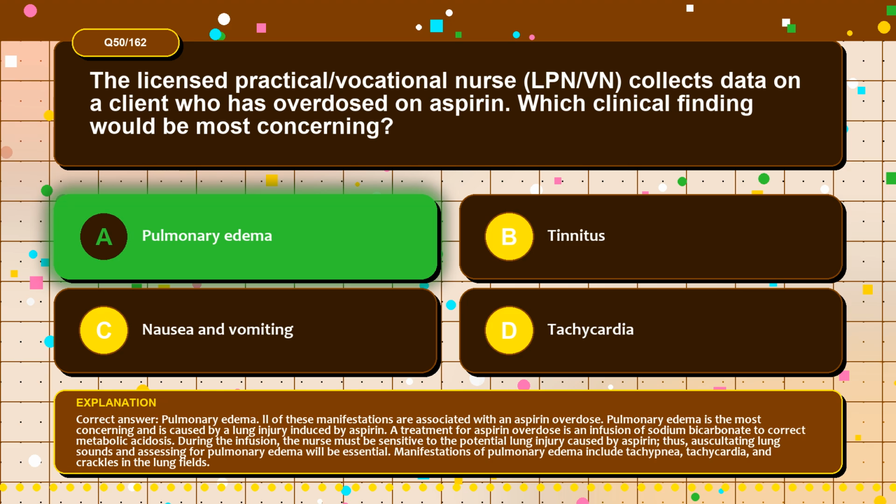A treatment for aspirin overdose is an infusion of sodium bicarbonate to correct metabolic acidosis. During the infusion, the nurse must be sensitive to the potential lung injury caused by aspirin. Thus, auscultating lung sounds and assessing for pulmonary edema will be essential. Manifestations of pulmonary edema include tachypnea, tachycardia, and crackles in the lung fields.